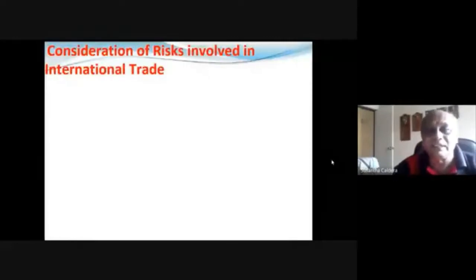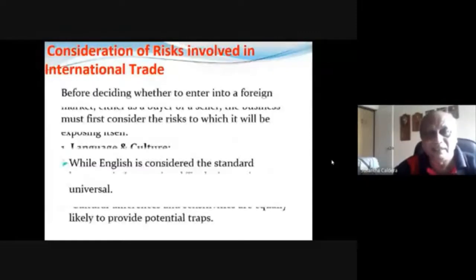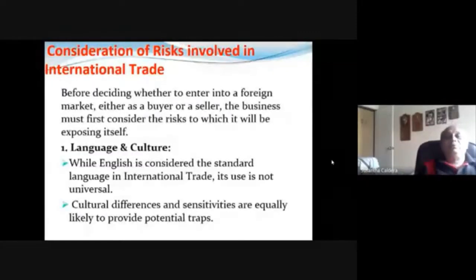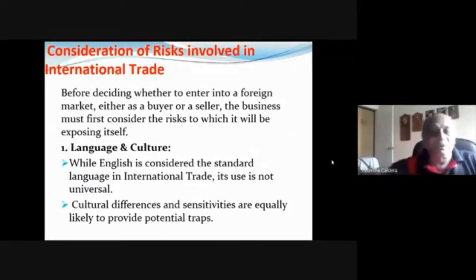Consideration of risk involved in international trade. Before deciding whether to enter into a foreign market, think about whether you are an importer or exporter. If you are an importer, you want to import certain commodities from an overseas country.